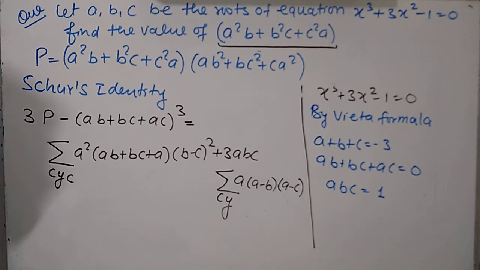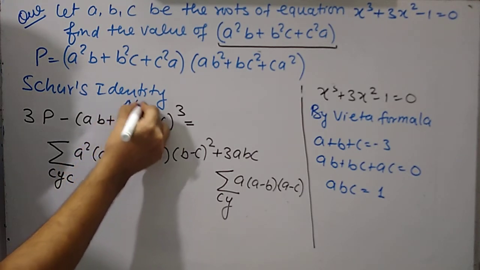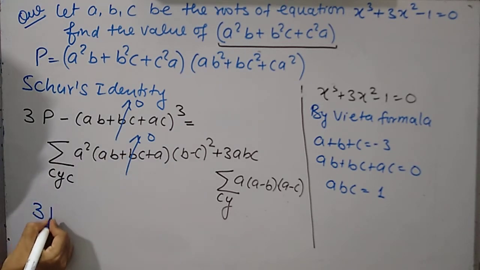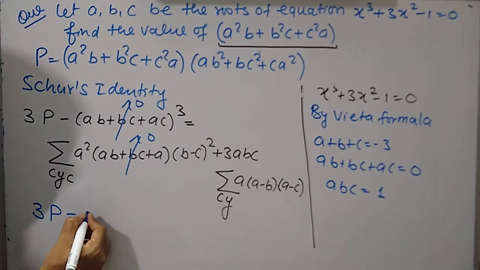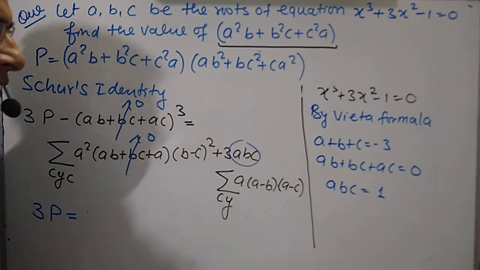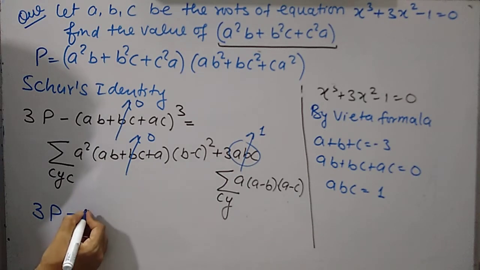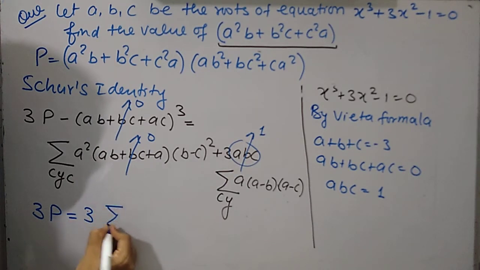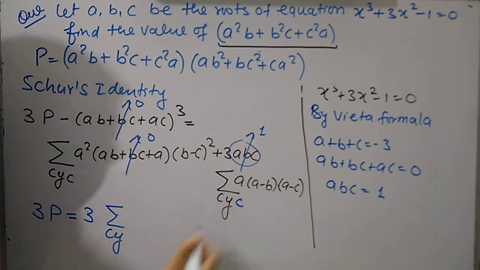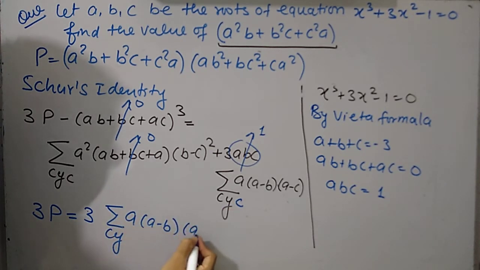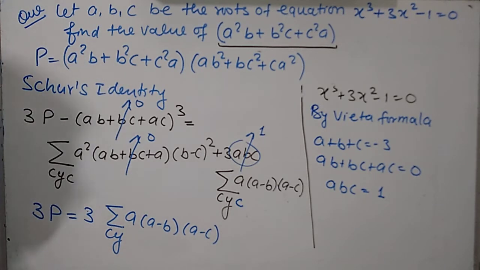So we have to use this result, and here we know that ab plus bc plus ac equal to 0. So this quantity will be 0, and this is also 0. So it becomes thrice P equal to thrice abc, and given that abc equal to 1, so we get 3 times cyclic summation of a times (a minus b) into (a minus c).